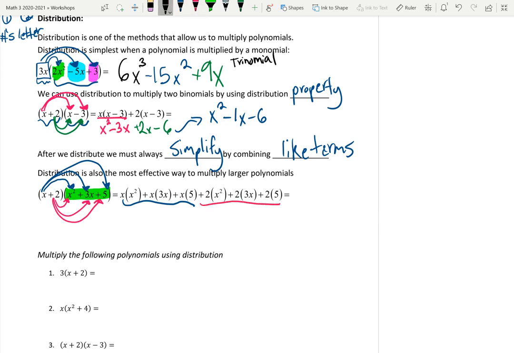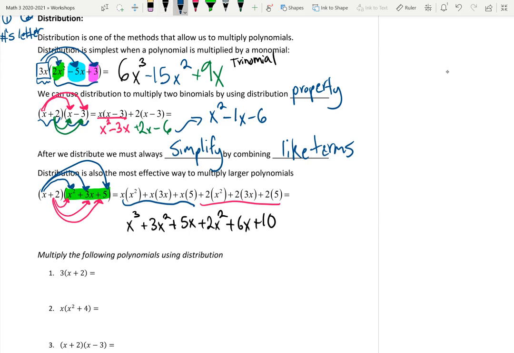Now, I'm going to combine my like terms. x times x squared means I have a total of 3. I have 3x squared plus 5x plus 2x squared plus 6x plus 10. All I did was go left and right, and when a number is next to another number with parentheses, it implies multiplication.